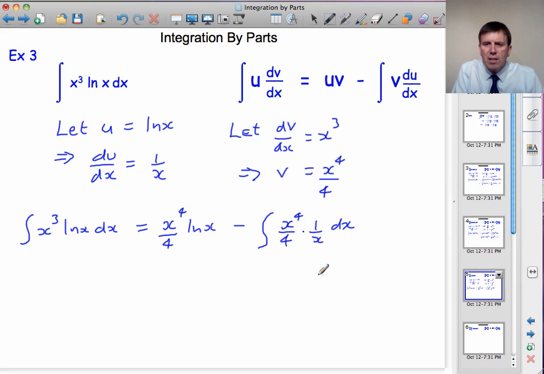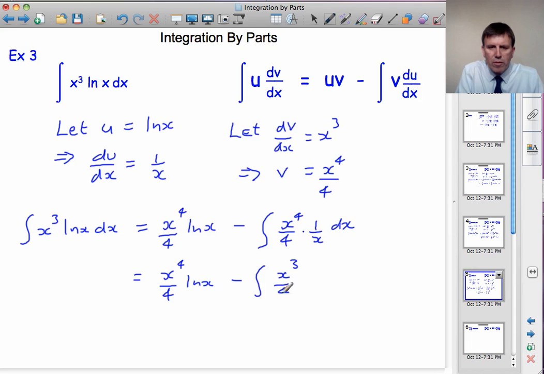Now you can see that we've still got a simple term that we can integrate, because this x cancels into x to the power 4 x cubed times, so we can say that's x to the power 4 over 4 log x minus the integral of x cubed over 4 dx, to give our final answer x to the power 4 over 4 log x minus x to the power 4 over 16.